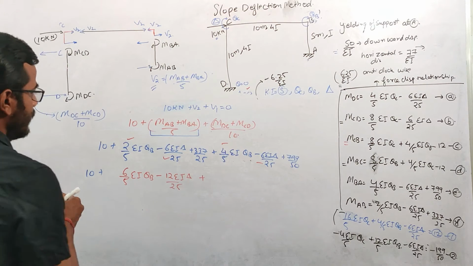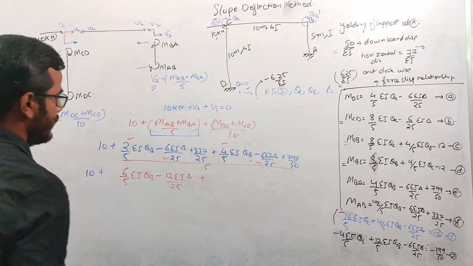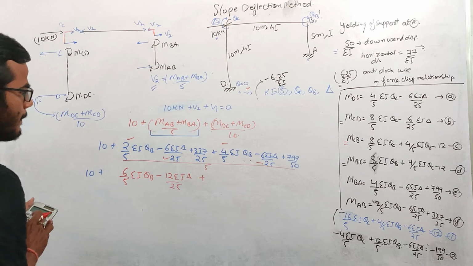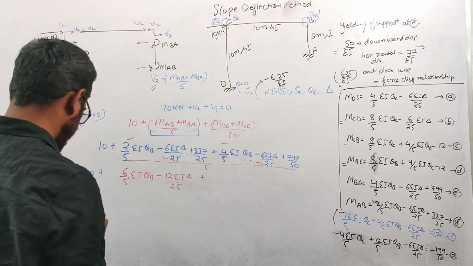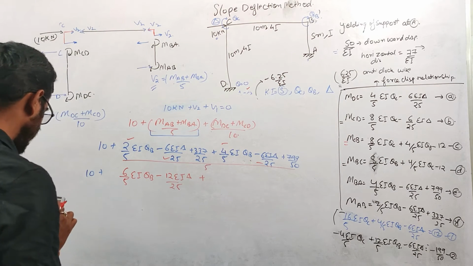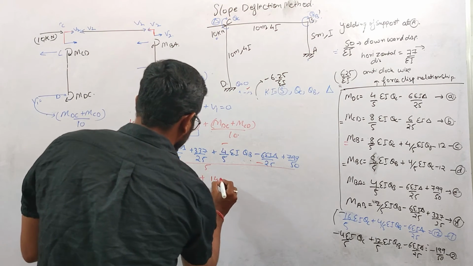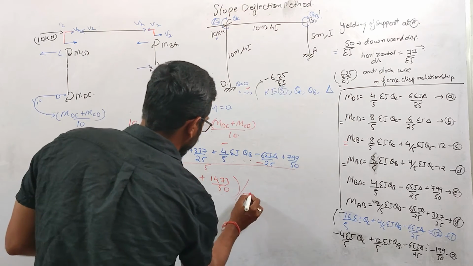And one more thing, this whole term is divided by 5 basically. So if we add 7 plus 337 divided by 25, this value will be 1473 divided by 50. Okay, this again is divided by 5.